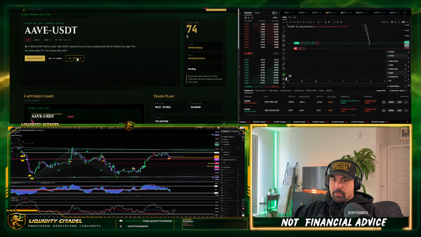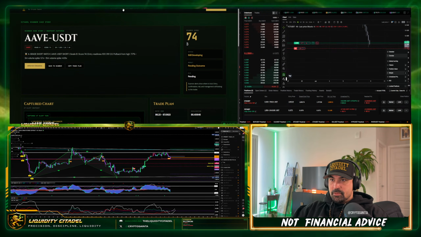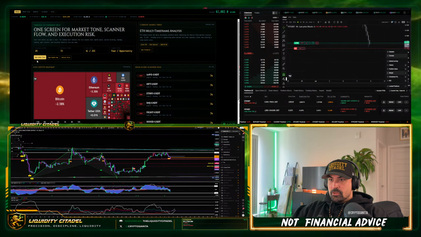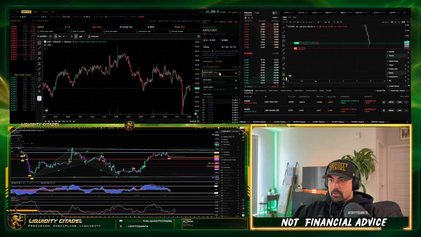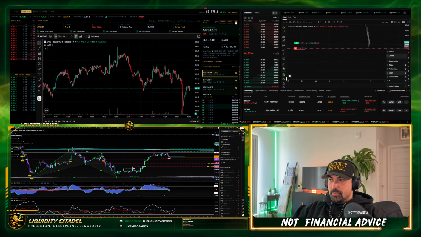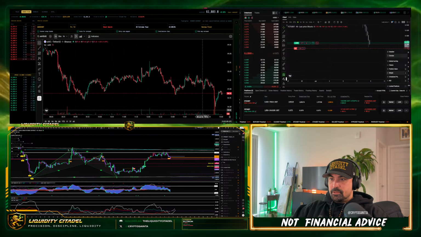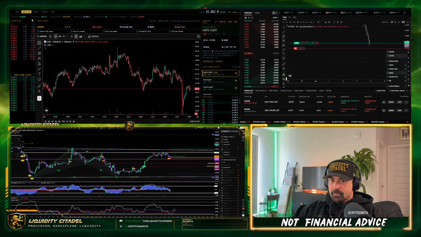You can copy the trade and paste it if you want. You can come right over to the terminal and do the same thing if you want to utilize one of the charts. Here's the setup, and it'll open up that chart for you. If you need more screen space, you'll see something like that, and you get a little more screen space.